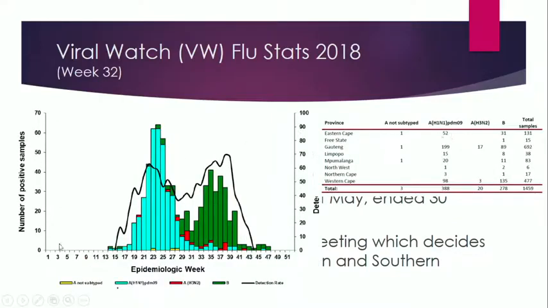Okay, so what we have here is just a histogram demonstrating flu incidences in South Africa. So this is the entire period of last year split up into weeks. And the blue bars are the H1N1, red are flu H3N2, and the green is the influenza B. And what we find is that we could determine that the first week of flu season happened around the end of May.